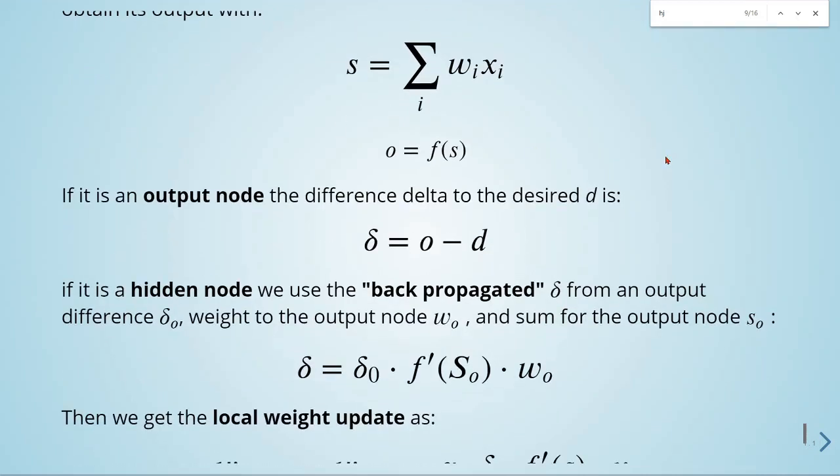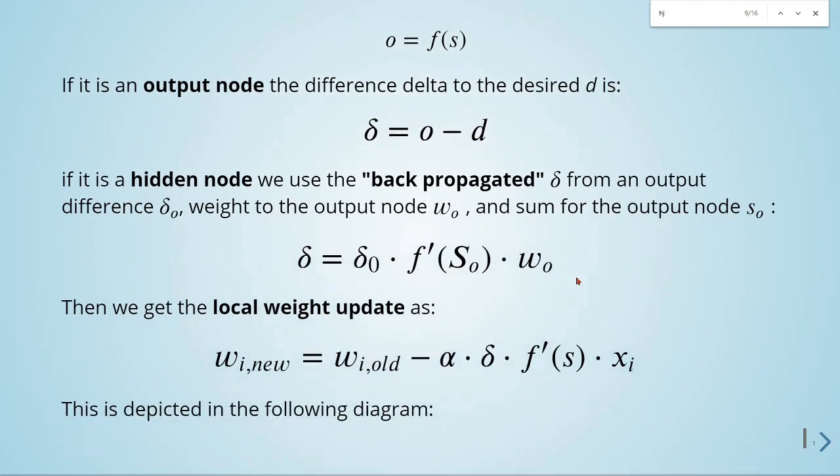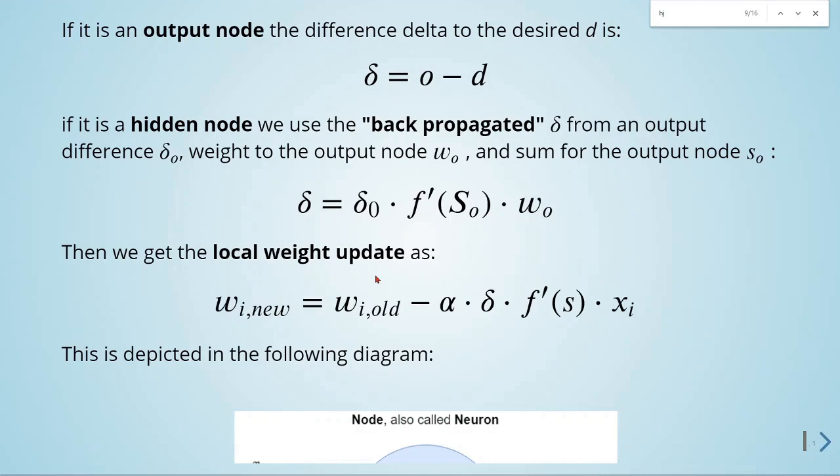If it is an output node, the difference delta to the desired output d is given by o minus d. If it is a hidden node, we use the backpropagated delta from an output difference delta_o, the weight to the output node w_o, and the sum for the output node s_o. Then we get the local weight update given by this formula here.